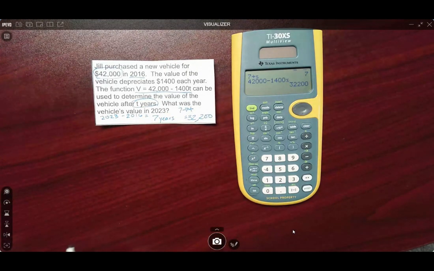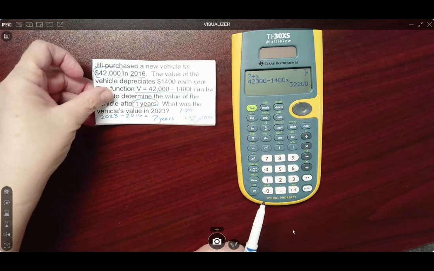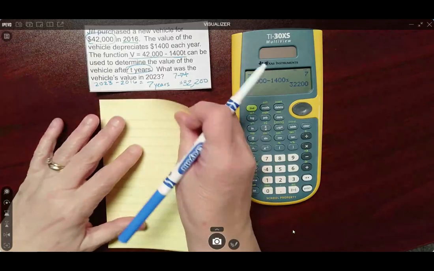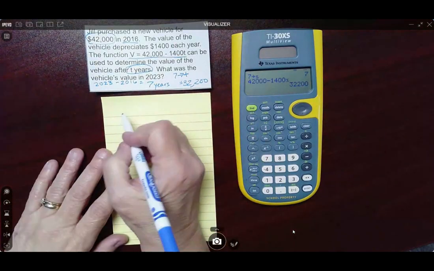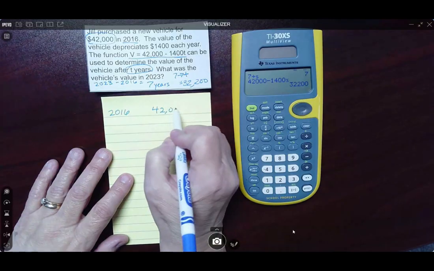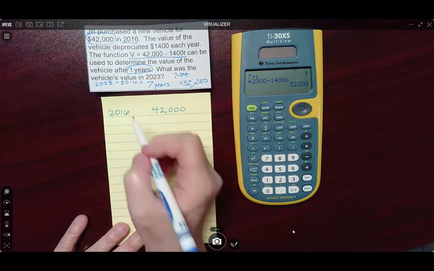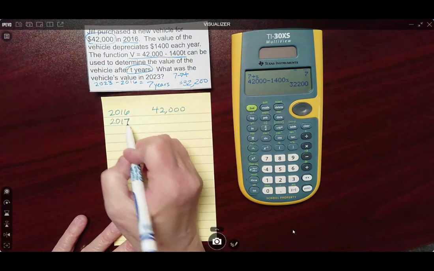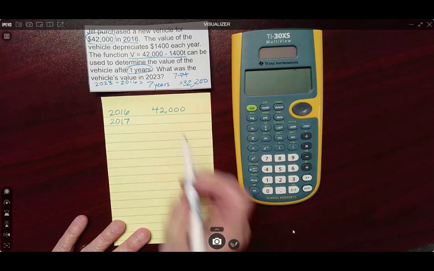Now, as I mentioned, I could do this a little differently. If you have trouble figuring that out, I could say, okay, in 2016, it was 42,000. So in 2017, it's going to go down 1,400.